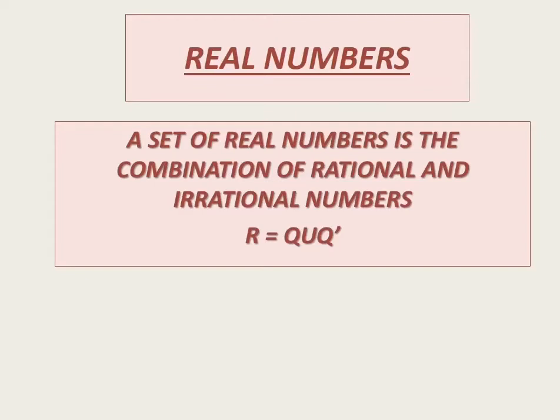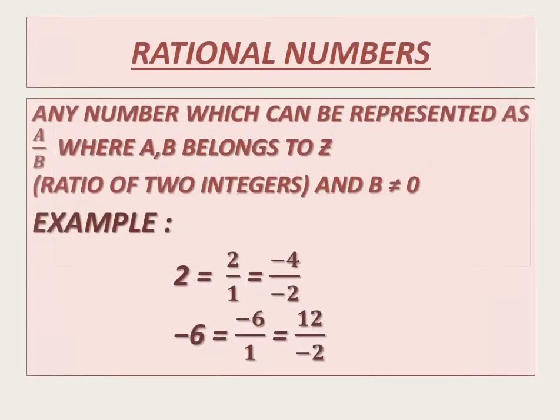Now, the next thing is, what are rational numbers? Guys, any number which can be represented as a/b, where a and b belong to Z, where Z represents the integers, and b is not equal to 0.